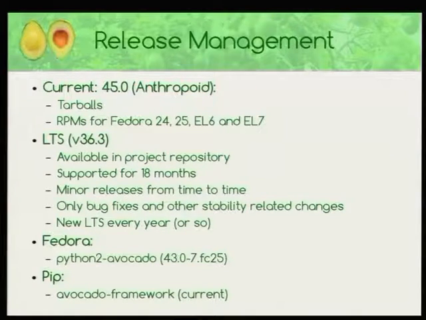It's supported for 18 months, with a new LTS every year or so. We have a Fedora package already. In Fedora, you can install Avocado by running dnf install python2-avocado. The version there is 43. And on pip, we always have the avocado-framework package with the very current version.